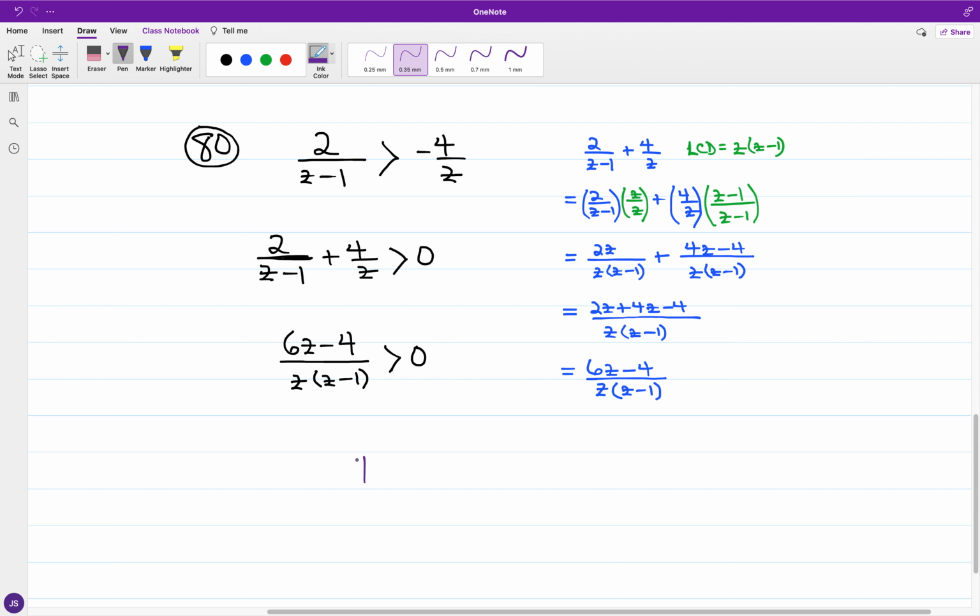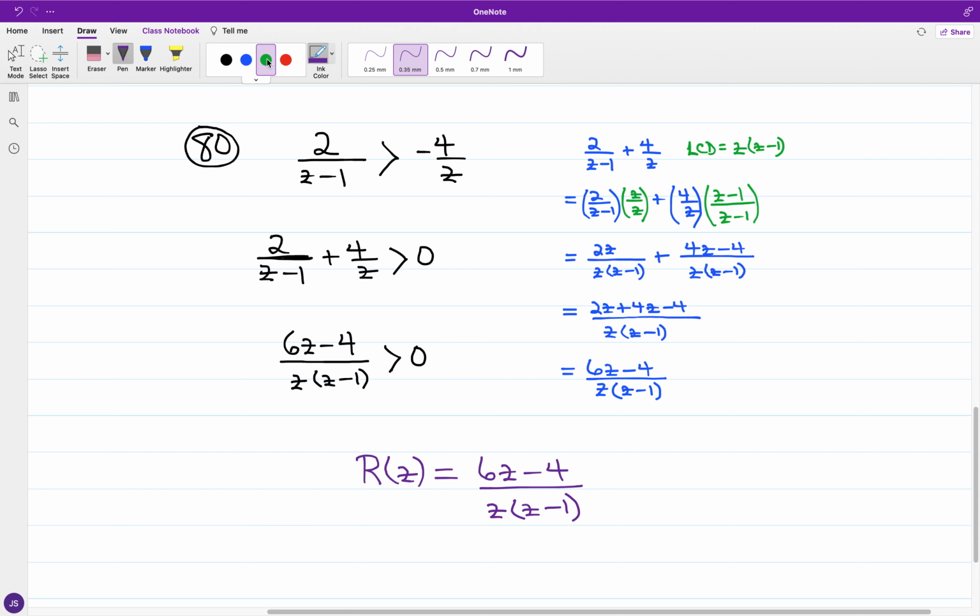So for right now, we'll have r of z is equal to 6z minus 4 all over z times the quantity of z minus 1.